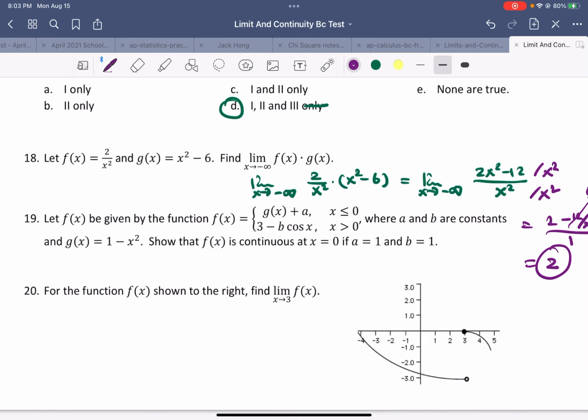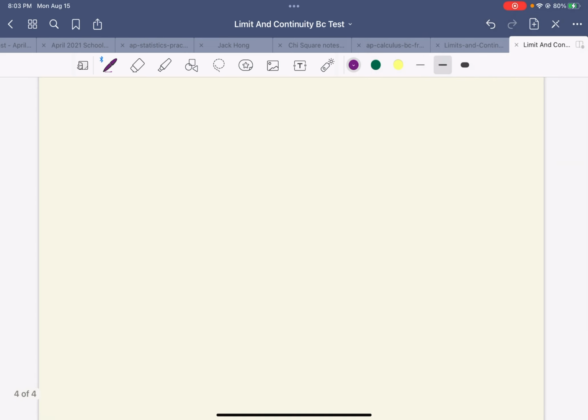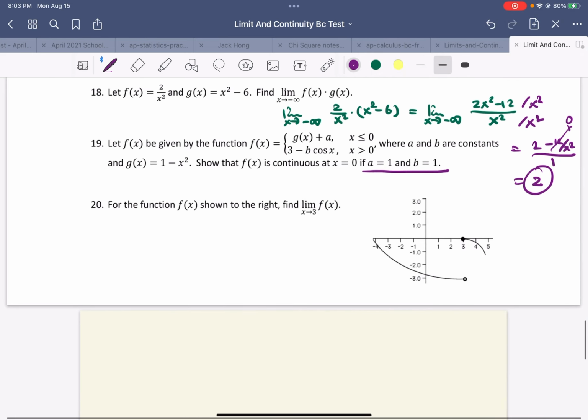Number 19, f of x is given by the function f of x. They gave you a piecewise function where a and b are constants. g of x is 1 minus x squared, and show that f of x is continuous at x equals 0 if a equals 1 and b equals 1. So continuous function means, let's talk about the continuous definition.